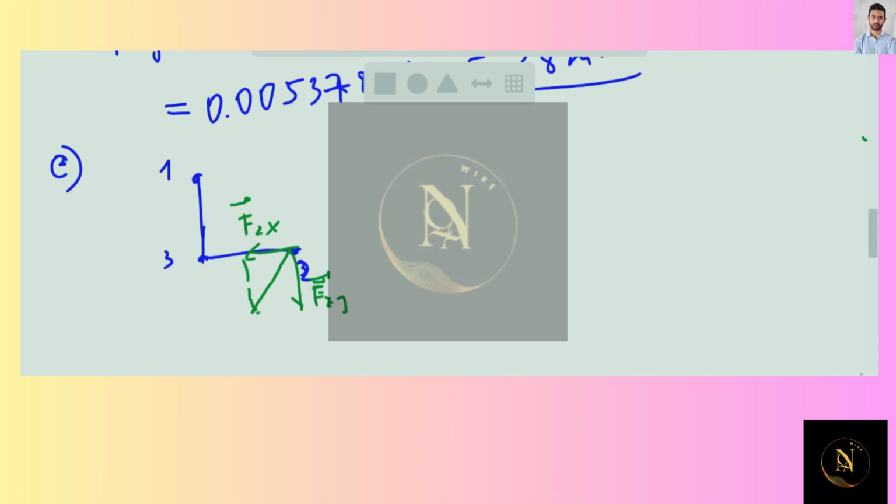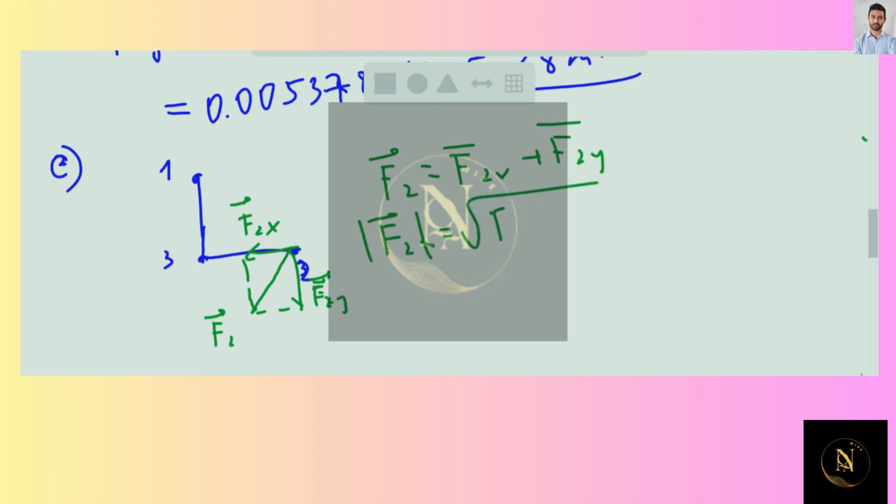Nevertheless the total force F2 will be the vector sum of these two forces, and its absolute value equals the square root of F2x squared plus F2y squared. Basically according to the Pythagorean theorem from this right triangle.